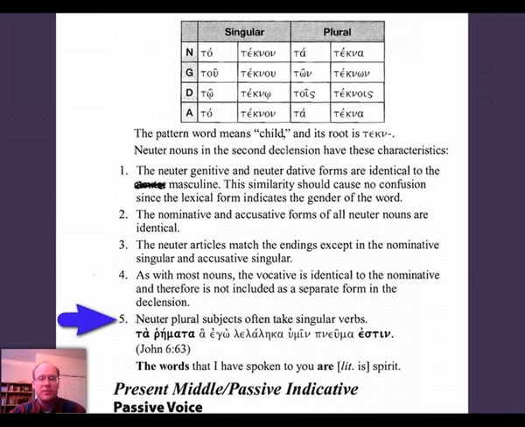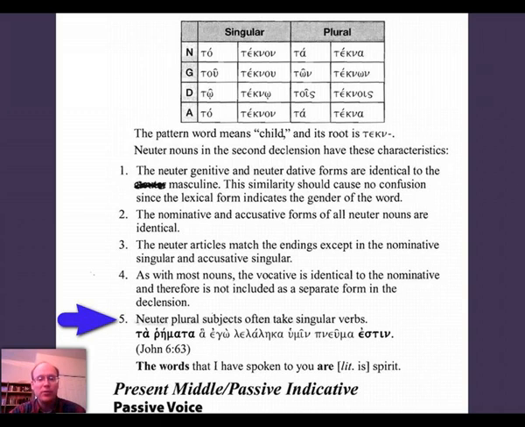And the last item is that neuter plural subjects often take singular verbs. Another way to say that is that a neuter plural noun, when it's functioning as the subject of a verb, will often take a singular verb rather than a plural verb, where we expect a noun and verb to agree in number. If the noun's plural, the verb's plural. If the noun's singular, the verb's singular.